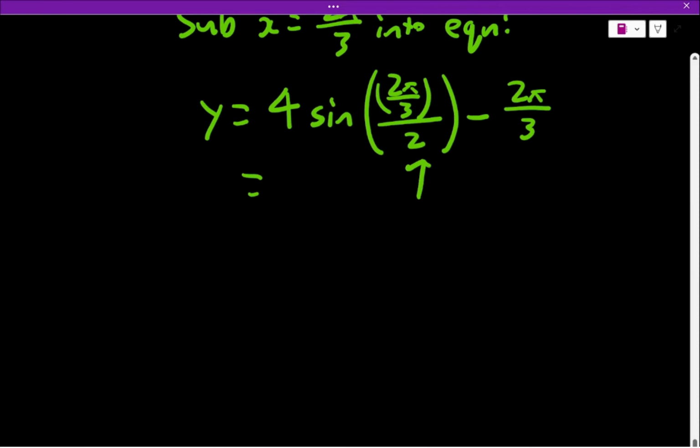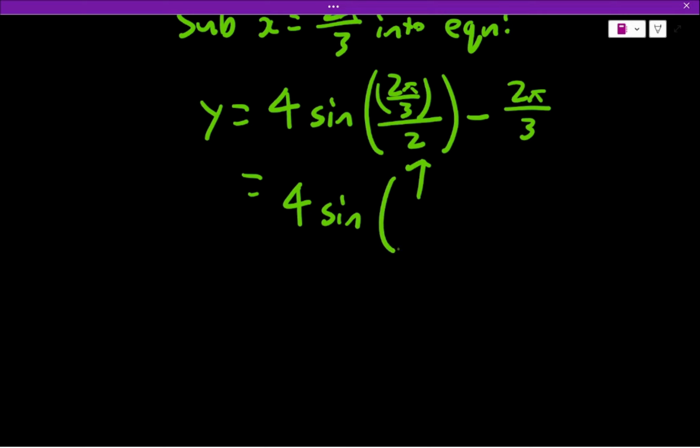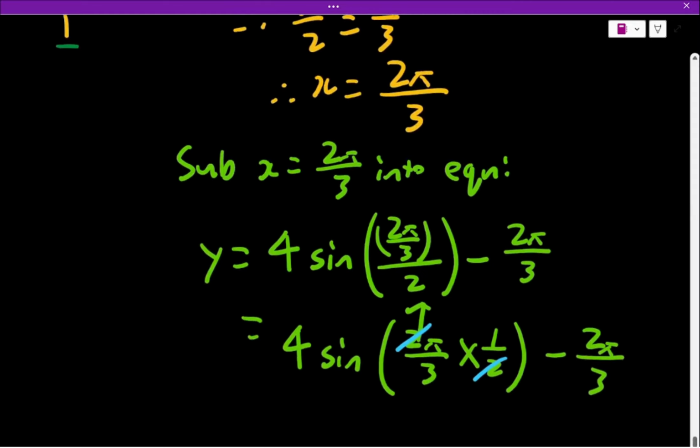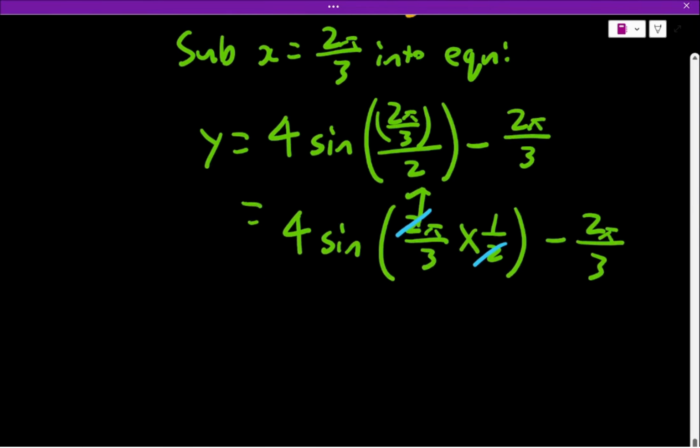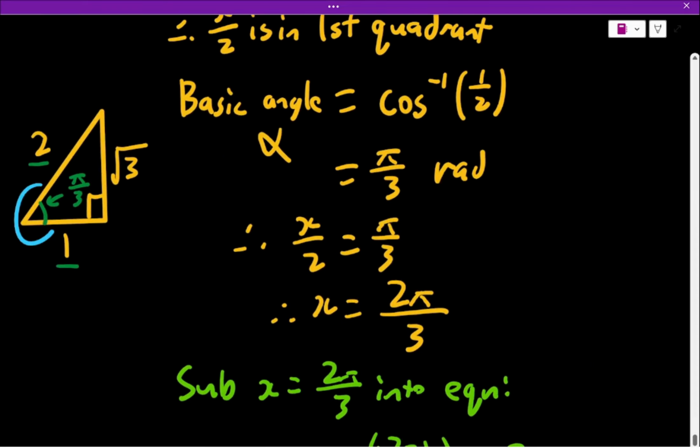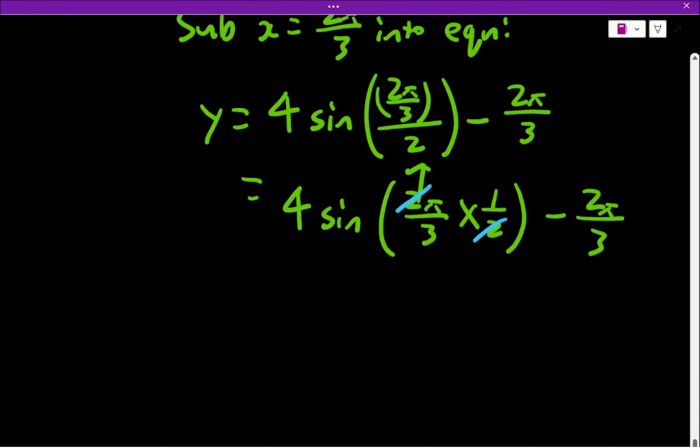Okay, let's simplify this monster looking thing right here. We can see that it's equal to 4 sine of 2 pi over 3 divided by 2, so that's times half, and then minus 2 pi over 3. This 2 will cancel, so we are essentially finding sine of pi over 3. The sine of that angle is root 3 over 2.